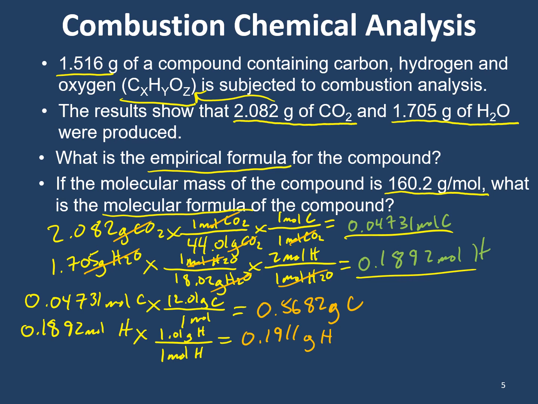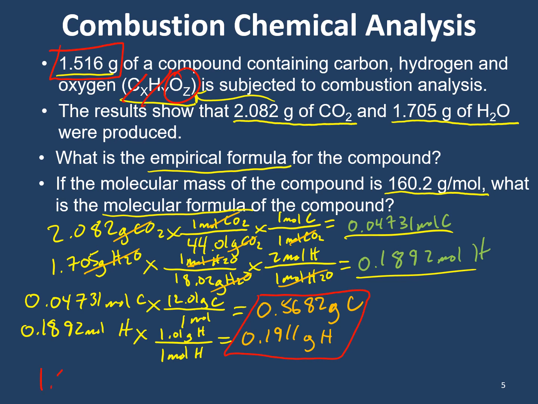Now, by taking these two values here and subtracting from the total mass of the unknown, which is 1.516 grams, I can get what's left, because I'm basically subtracting out the carbon and the hydrogen, and what is left is just going to be the oxygen present in the compound.